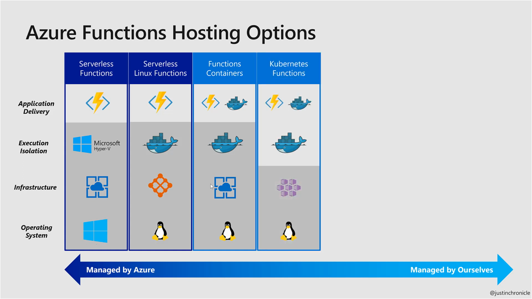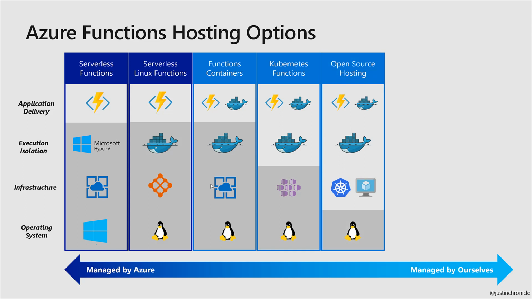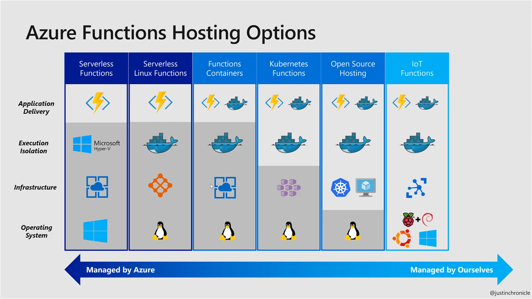Also, we can run these functions on AKS, the Azure Kubernetes Service cluster, and even build our own Kubernetes cluster and run the Azure Functions runtime there. We can also run the Azure Functions runtime on IoT devices, for example the Raspberry Pi, and in this case everything needs to be managed by us.